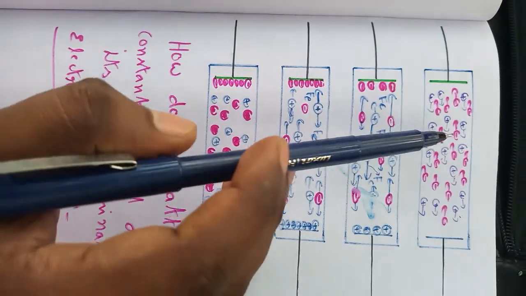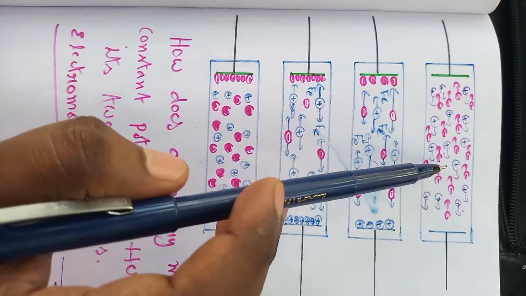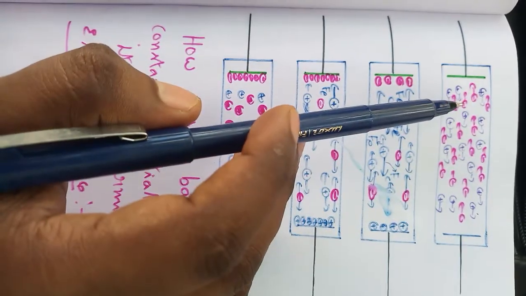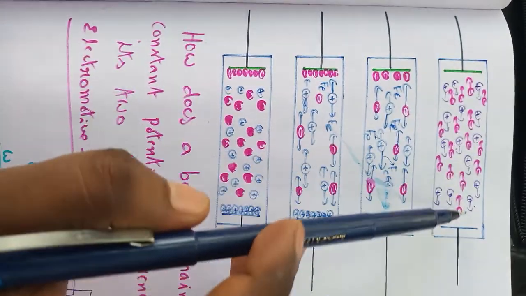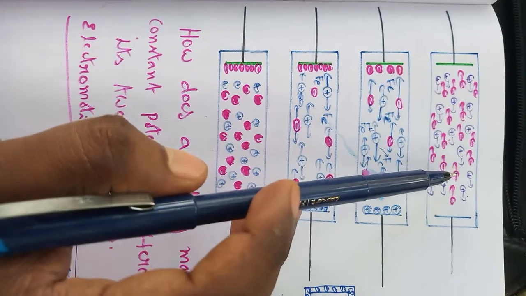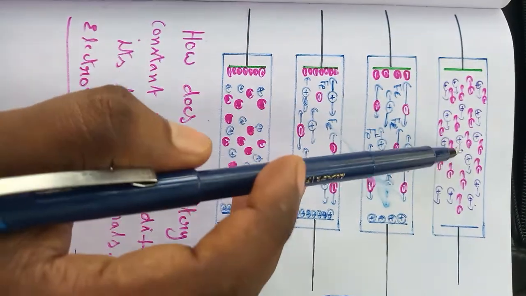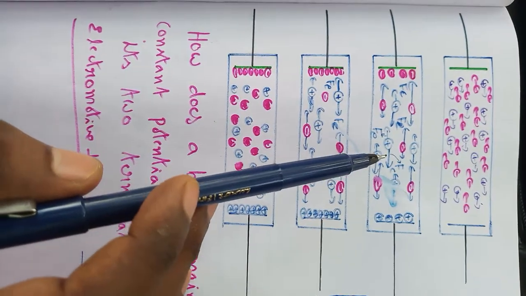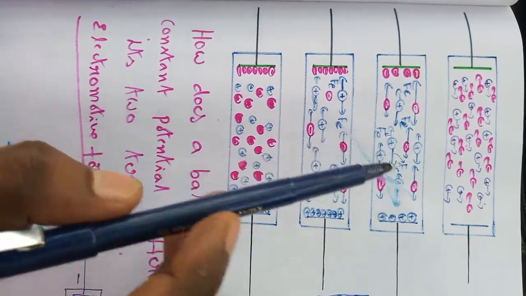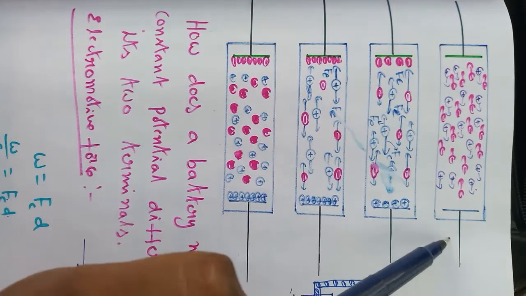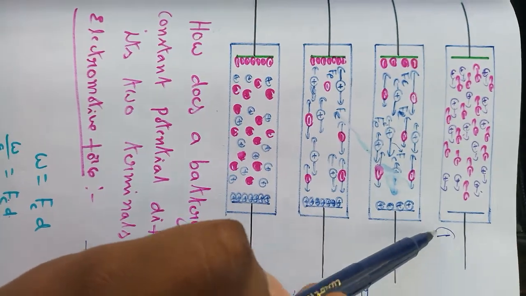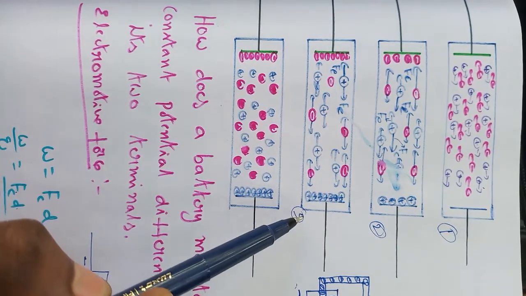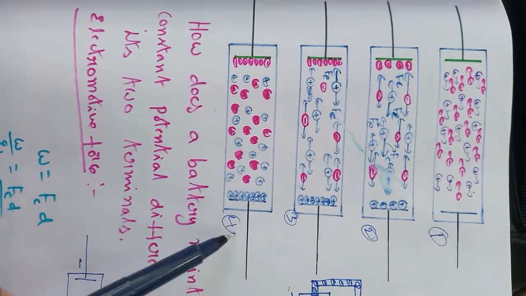See in this diagram, only the chemical force is acting. Because of the chemical force, positive ions move towards the right and negative ions move towards the left. Let's take this as diagram 1, diagram 2, diagram 3 and diagram 4.